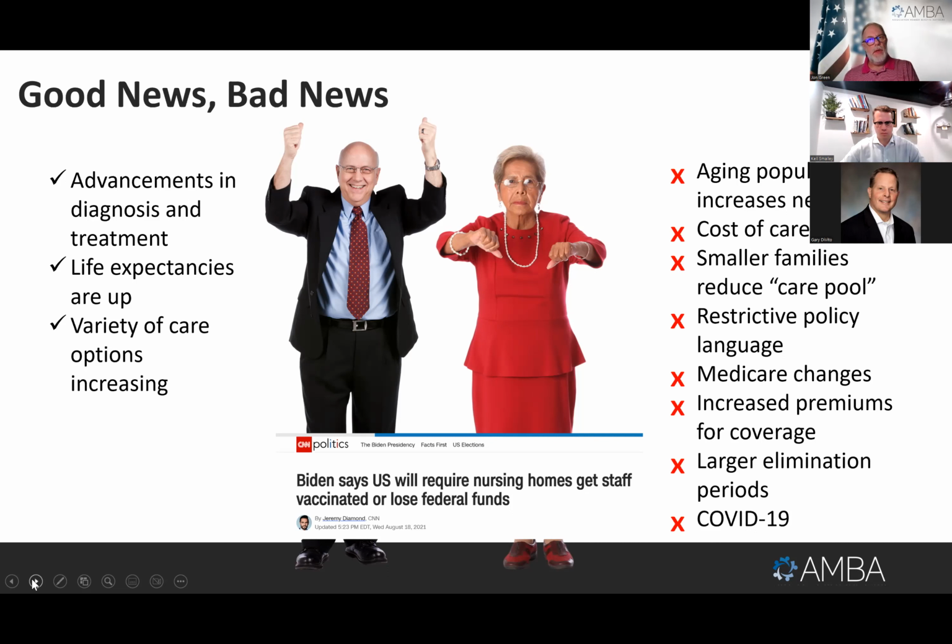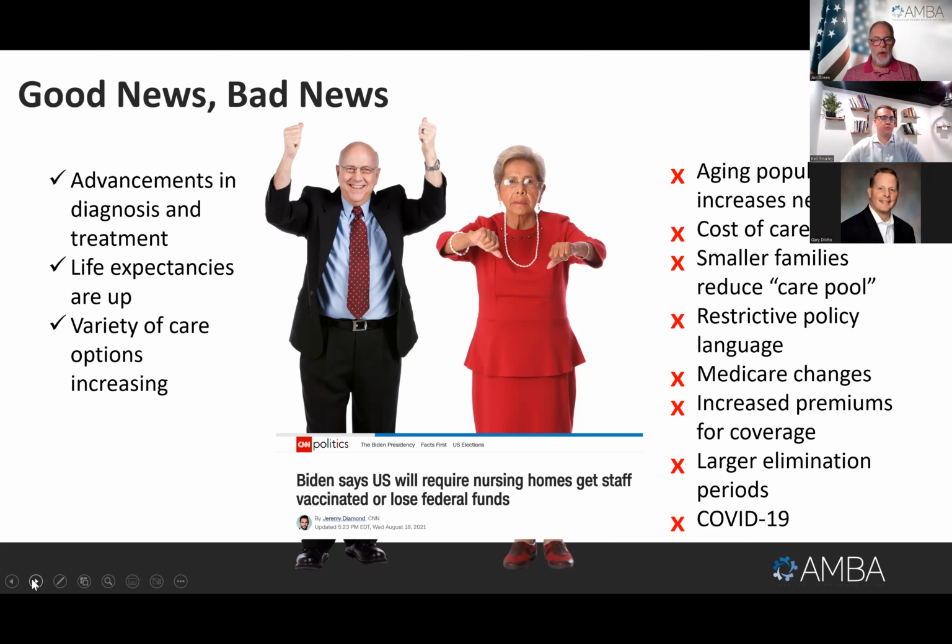On the flip side, though, as we age, our population continues to grow, the need increases, and the cost goes up. I'm going to show you a unique situation in Missouri in just a moment. But what I really find is probably the biggest challenge to elder care is that the family care pool is shrinking. I think about my grandparents.